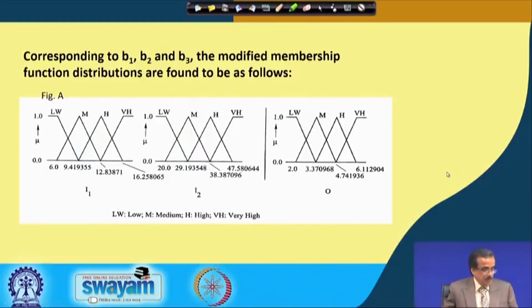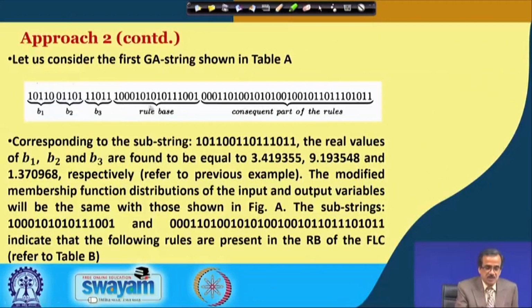Now, to find out the rule base corresponding to this particular substring, for example, these 16 bits will represent the presence and absence of the rule. That means, if I start from here, one indicates that the first rule will be present, then the second, third, fourth will be absent, then the fifth rule will be present and so on.